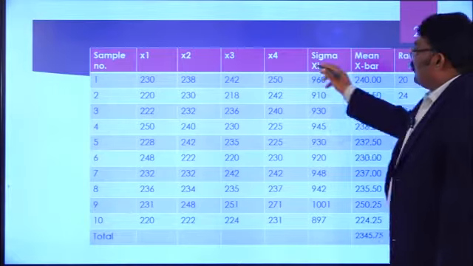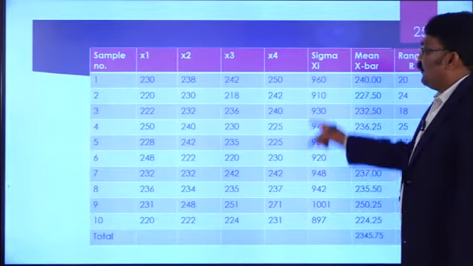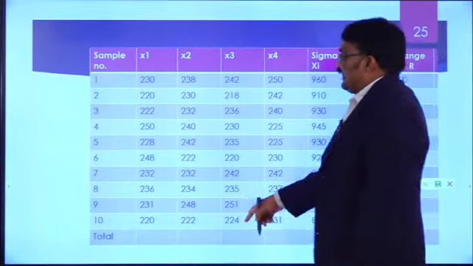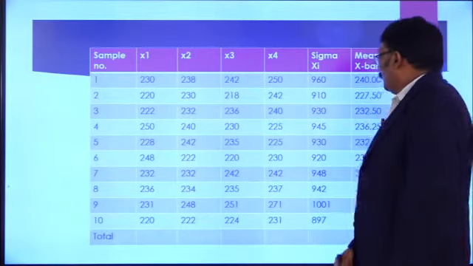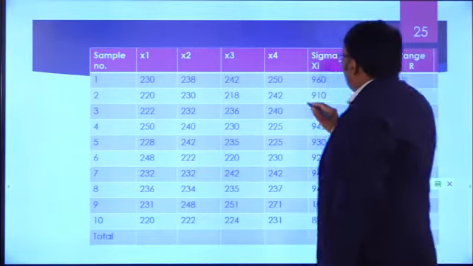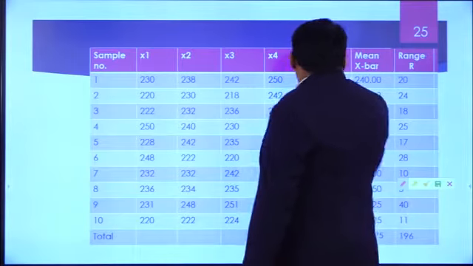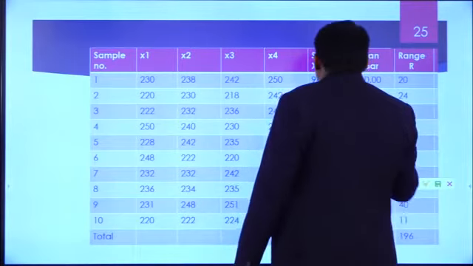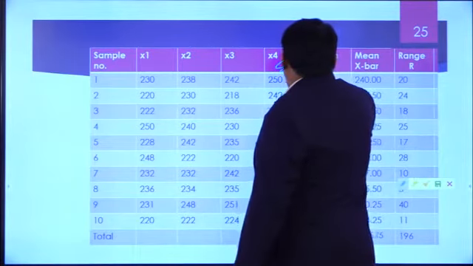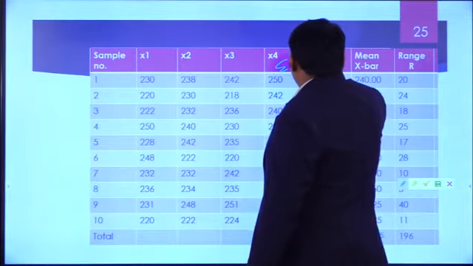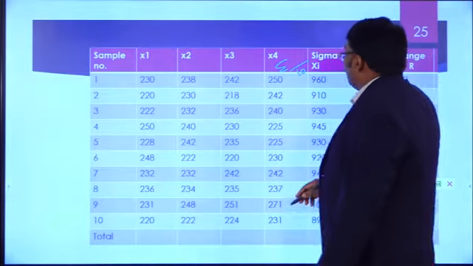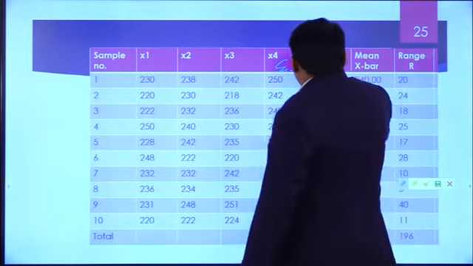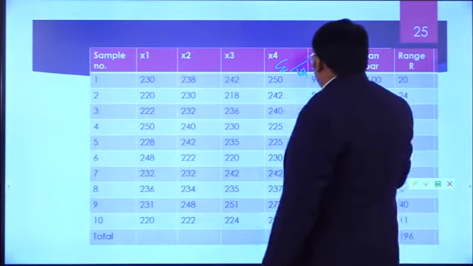Coming to this particular sample, 10 are given, we have n value total 4, and we are supposed to add this, the summation of all of this, and divide it by 4.